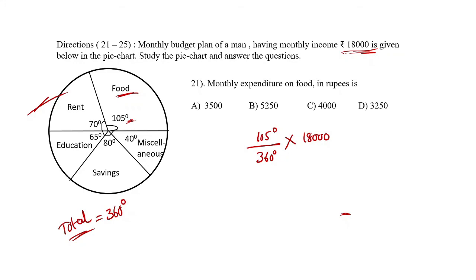Calculate this: 18 cancelled how many times? 2 times. Here 0 and 0 get cancelled, and this 2 cancelled 50 times. So here 5 5 is 25, 5 0. 5250 is the result. Option B.